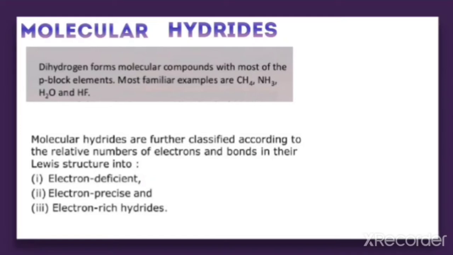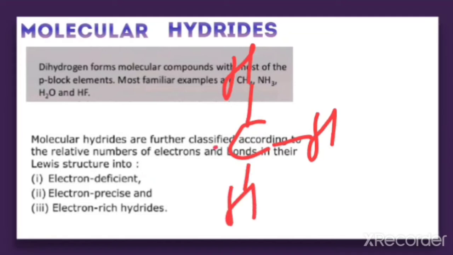Electron precise: let us take one example, methane, CH4, a hydride of carbon. Here the central atom is satisfied because the octet is complete. Whatever electrons are there are all used up in forming bonds, and the octet is complete.